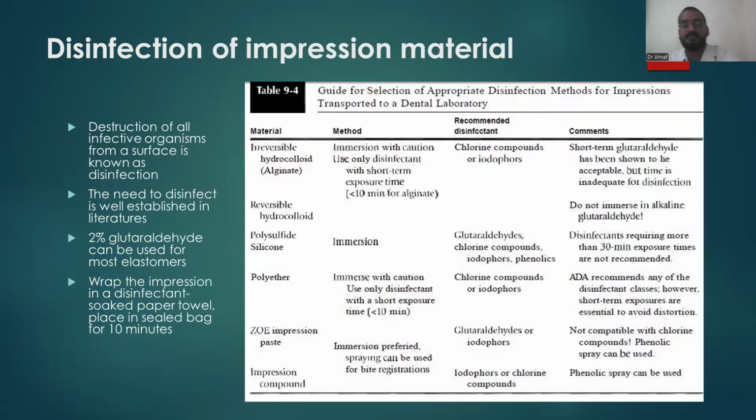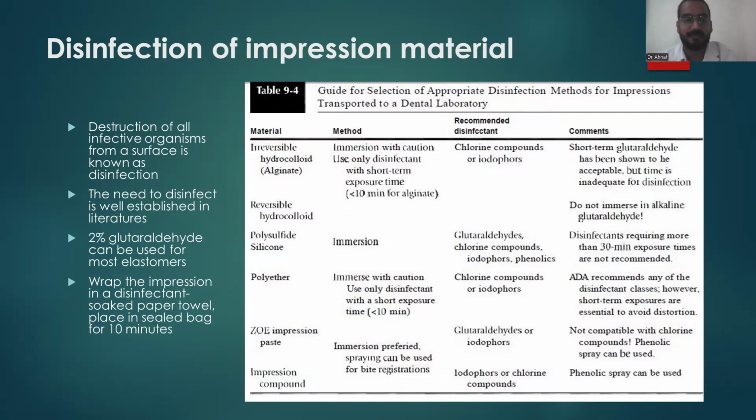Let's come to disinfection of impression materials. What is disinfection? Destruction of all infective organisms from a surface is known as disinfection. 2% glutaraldehyde can be used in the case of most elastomers. How do we do this?